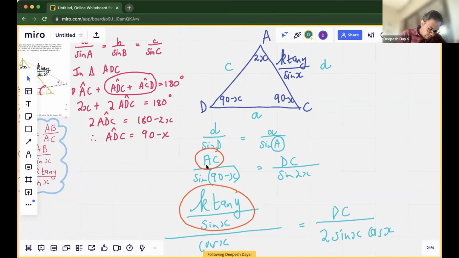Then we've got sine 90 minus x, which becomes cos x. And then we've got sine 2x, which becomes 2 sine x cos x. So we've got these important conversions that have happened here, right? So quite a lot happening at the moment. I'll just give you a moment to have a look and see what the conversions are that we've done there.